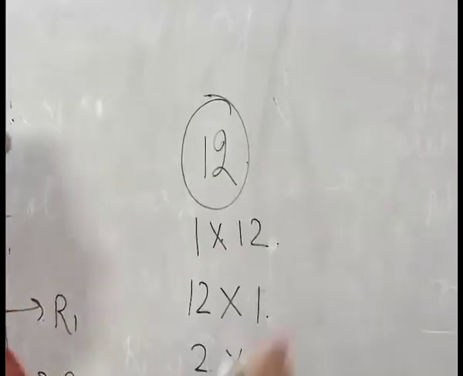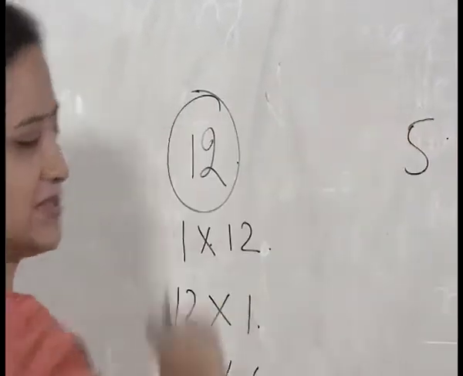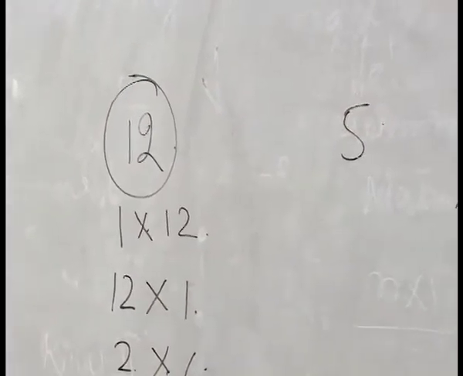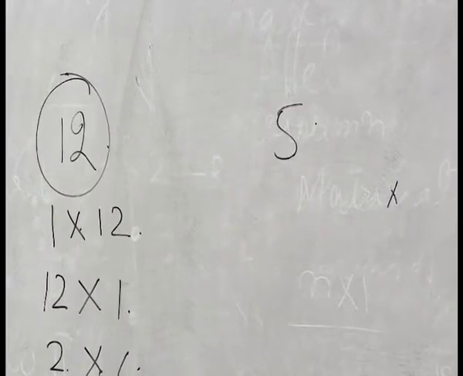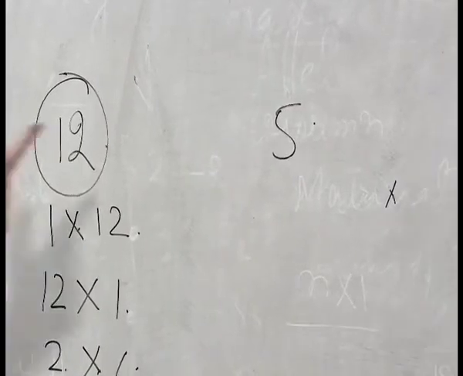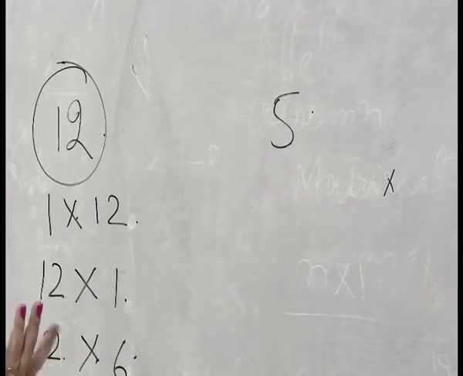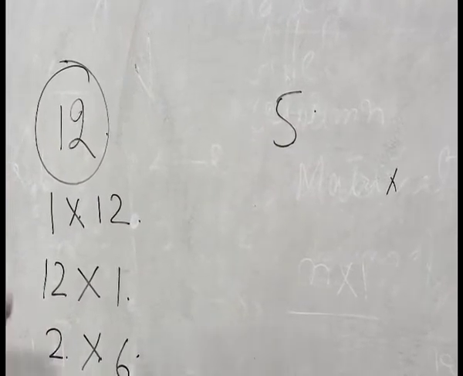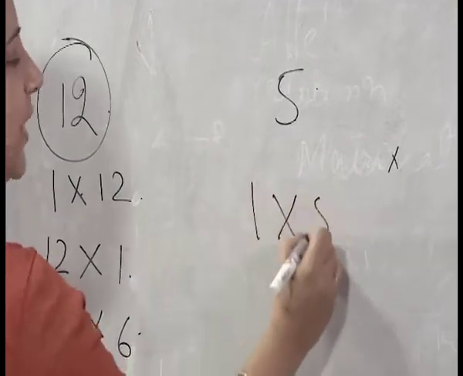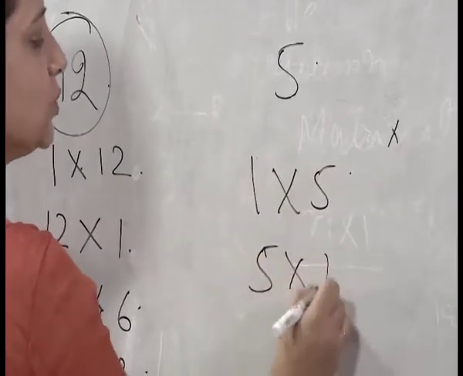Now if a matrix is having 5 elements, what are the possible orders it can have? Because you know that 5 is a prime number, it will have only 2 factors, 1 and itself. So 1 into 5 and 5 into 1.